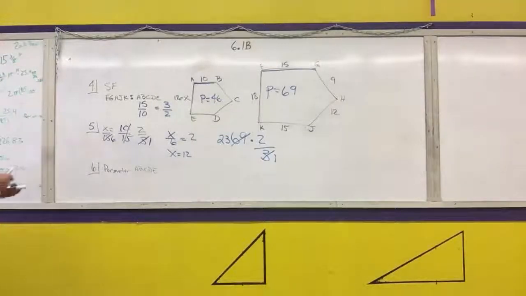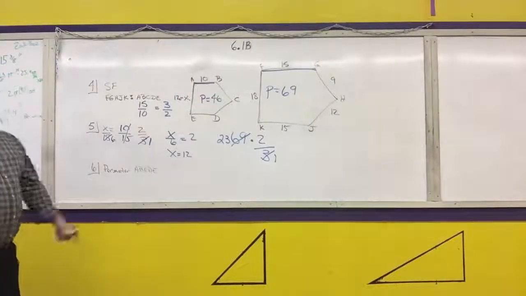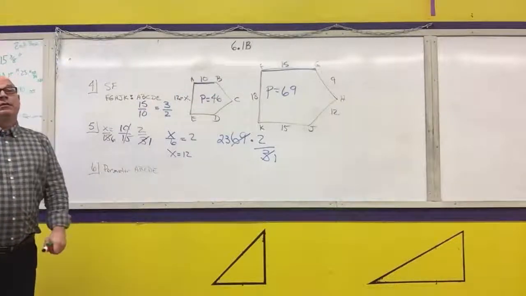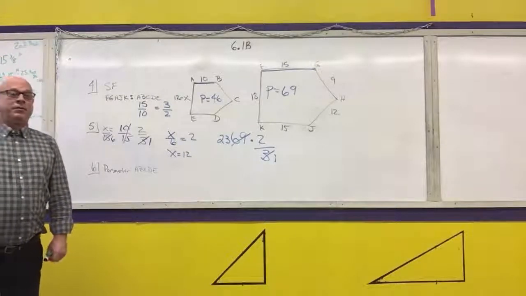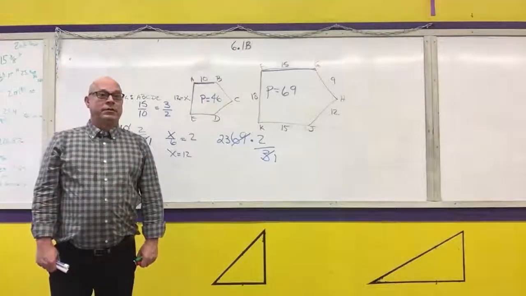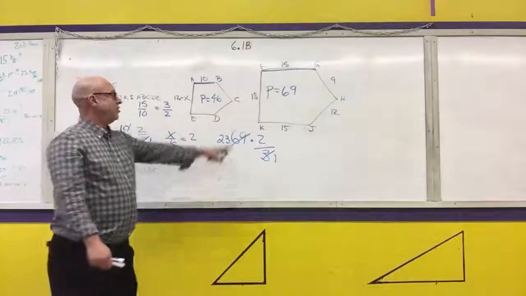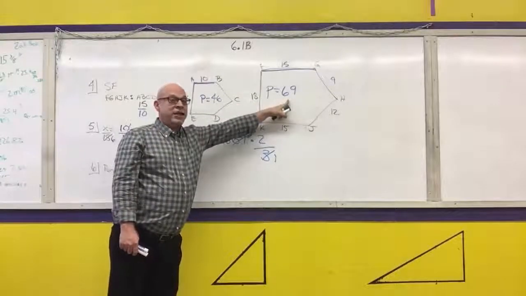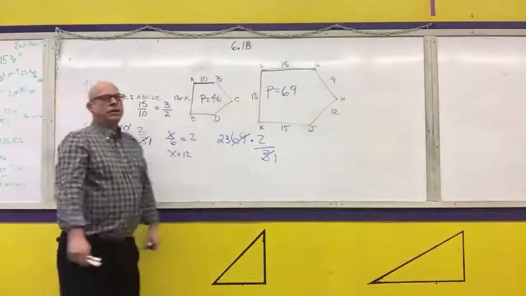Questions on those? I don't get how you did the perimeters. What's the definition of perimeter? I don't know how you got 46 for that. I took 69 times 2/3. But why did you get 69? You add up all the side lengths.